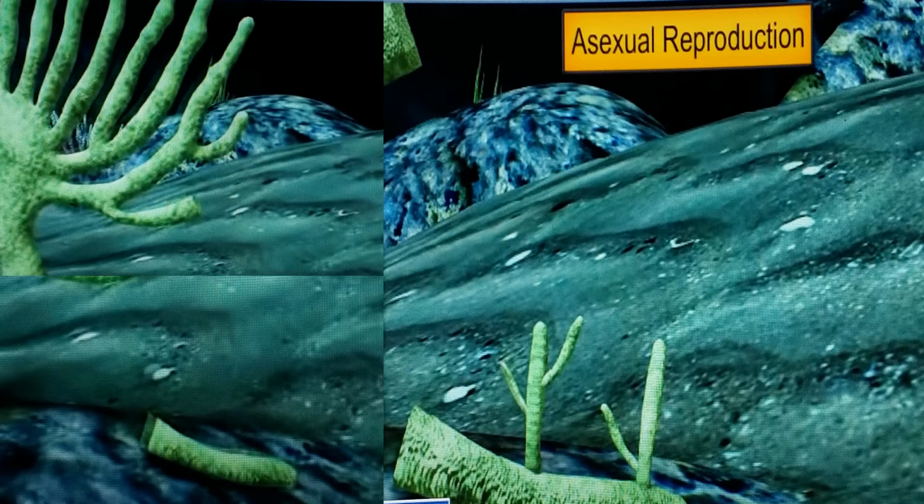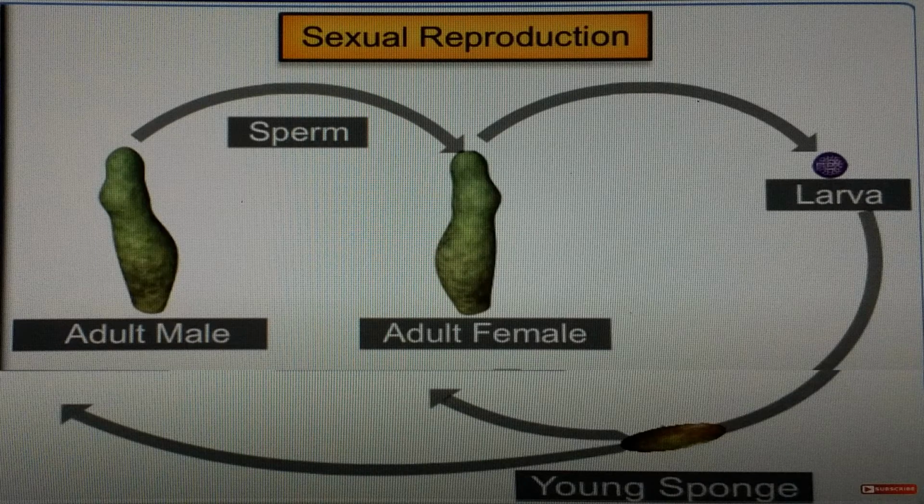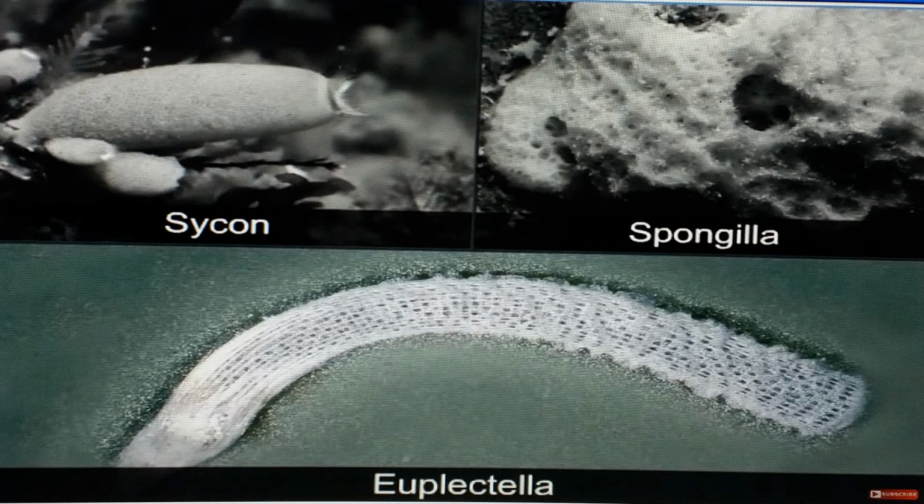They reproduce asexually by fragmentation as well as sexually by the formation of gametes. Fertilization is internal with indirect development. Sycon, Spongilla, Euplectella are some of the common examples of sponges.